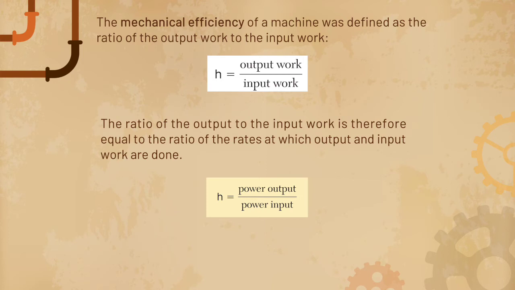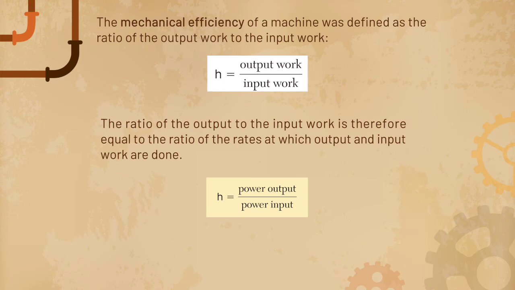The mechanical efficiency of a machine is defined as the ratio of the output work to the input work, where eta equals output work over input work. This definition is based on the assumption that work is done at a constant rate. The ratio of the output to the input work is therefore equal to the ratio of the rates at which output and input work are done, and we have eta equals power output over power input.